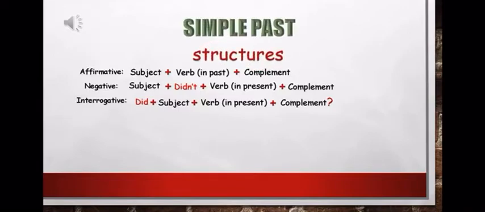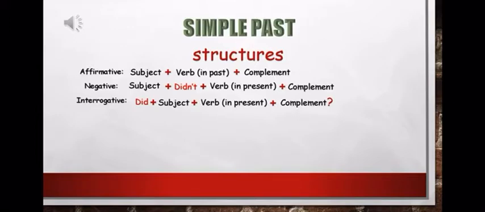The simple past structures are these. Affirmative sentences: subject, that is the person who is making the action, plus verb, that is the action. This verb is going to be in past in the affirmative sentence, plus the complement.